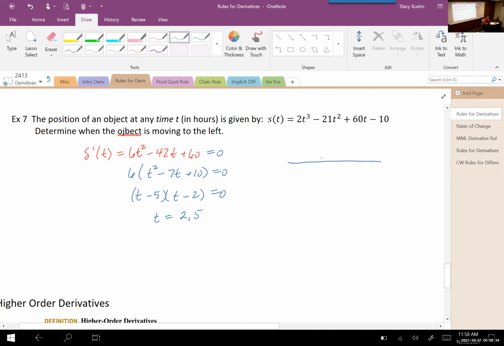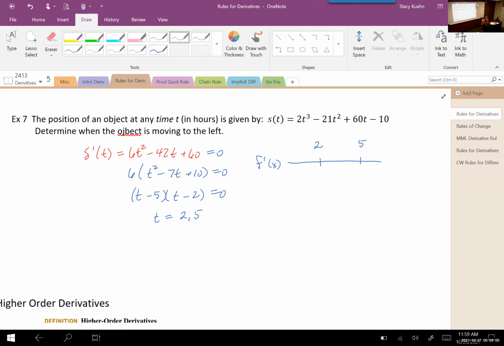Here, I'm going to zoom in on the x-axis. So here's the derivative, and I want to test some points to the left and to the right of 2 and 5. When I'm to the left of 2, what are we going to get?